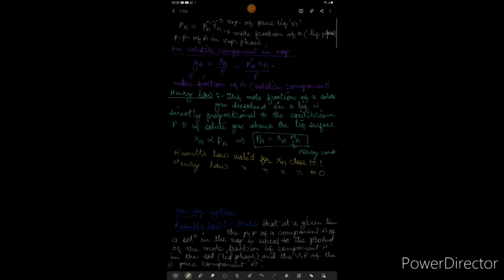Then we use this formula. Now directly we go to a simple problem.